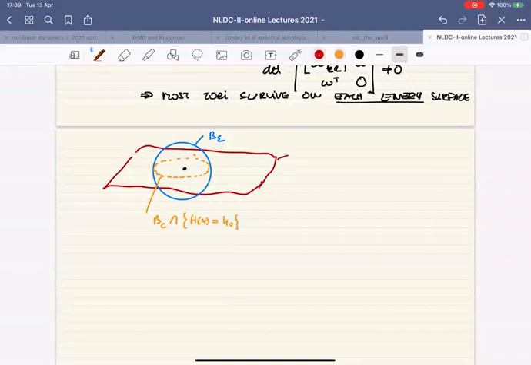So this is where H(x) equals H naught, to be specific, the energy surface. And now I can make the statement relative to that if I consider this lower dimensional sphere: even within that sphere, I have most of the tori surviving. So most tori survive here.